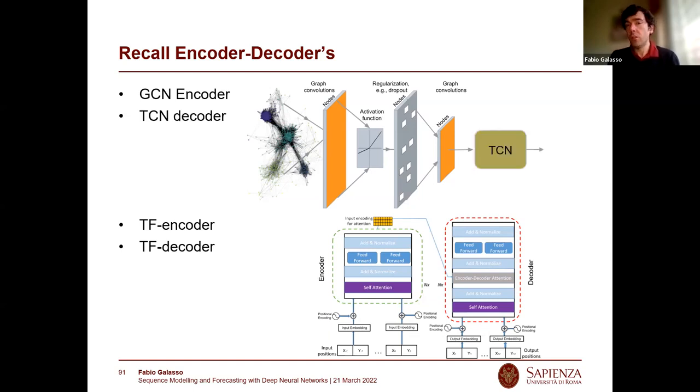Now, in the case of GCN, in the case of graphs, you effectively need most of your machinery here in the encoding to understand the potentially non-Euclidean relation between the observations you have at the nodes. And then you predict with the simplest model. We said that the simplest model is the TCN. Well, the TCN suffices for state-of-the-art performance. So once you have an encoded signal here, then TCN gives you a good prediction into the future.